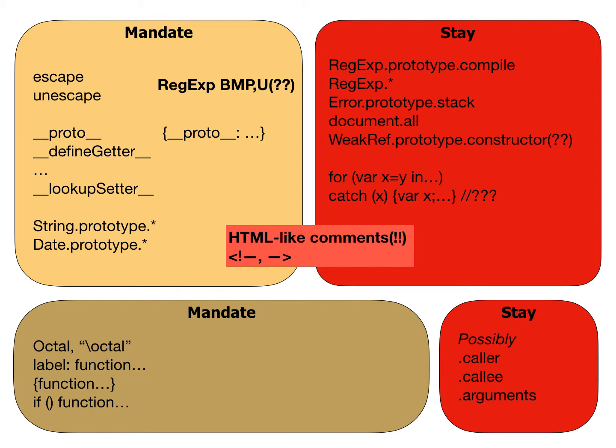Dunder proto, we put it into Annex B at the time that we accepted mutable prototype chains into the de jure language. And the hope might have been that some environments might not provide for mutability of the prototype chain by omitting dunder proto, but we did not make reflect.setPrototype optional.